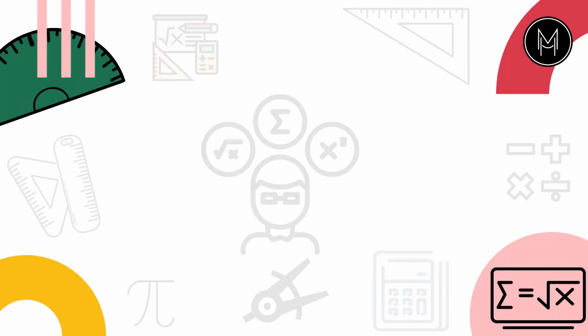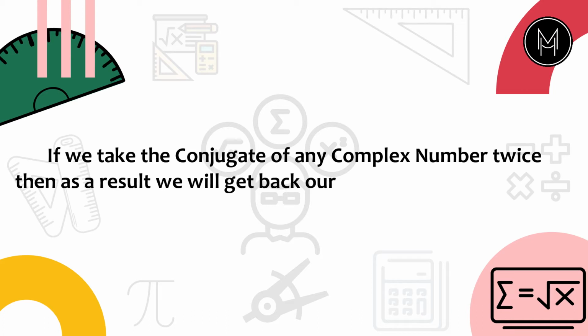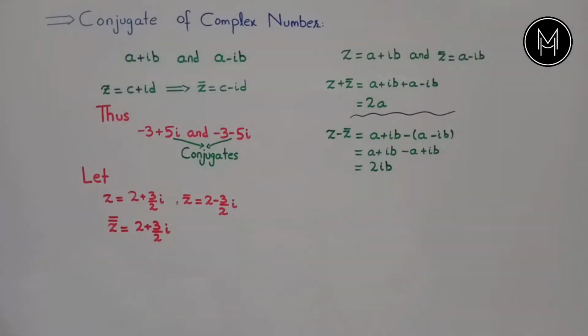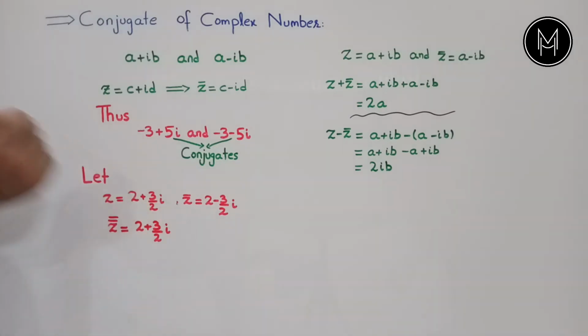Now the interesting thing about the conjugate is, if we take the conjugate of any complex number twice, then as a result we will get back our original complex number. Let's verify this statement. Let's say we have a complex number z equal to 2 plus 3/2 i.